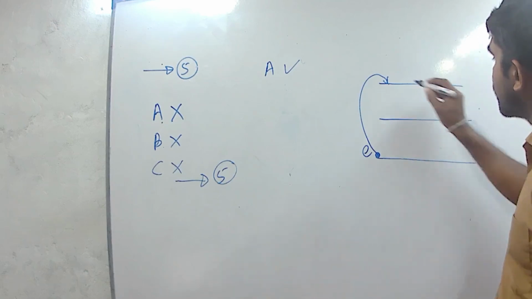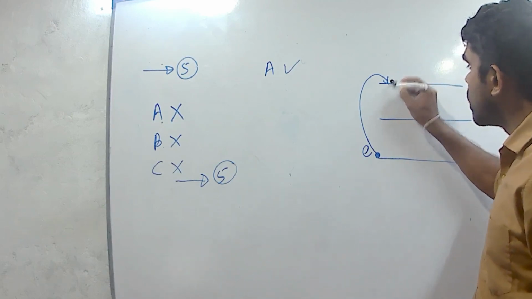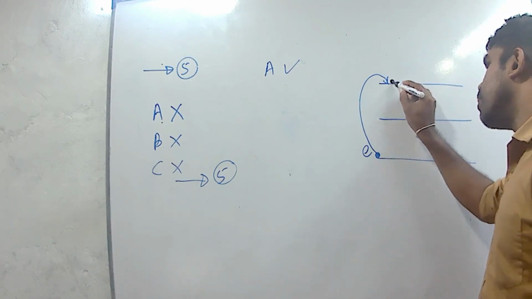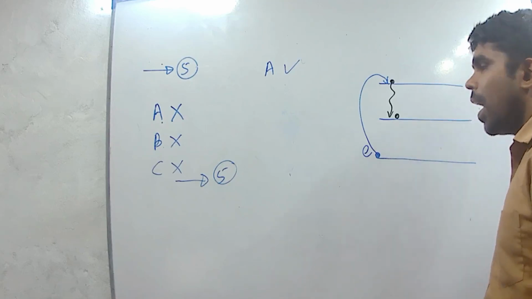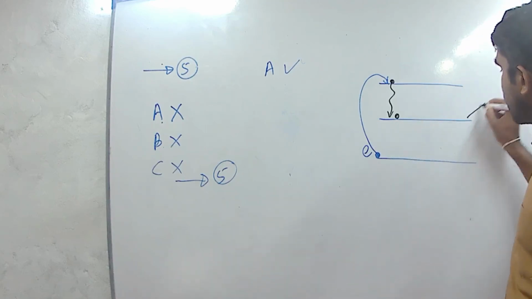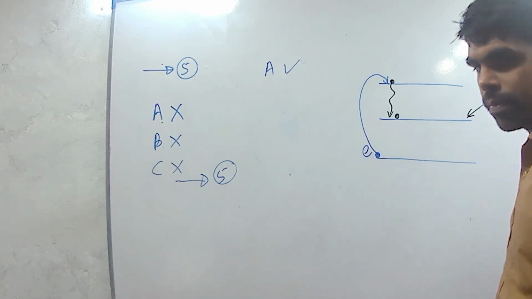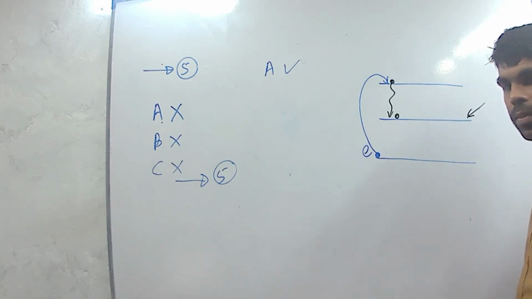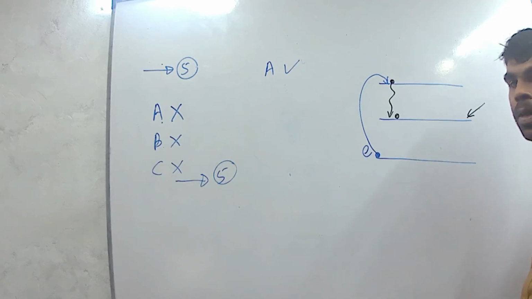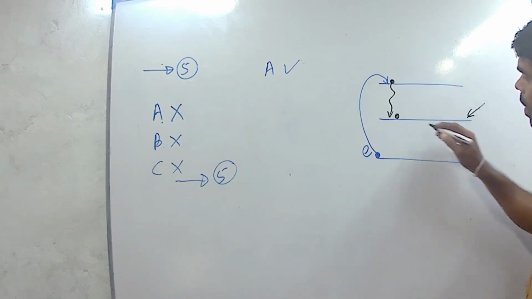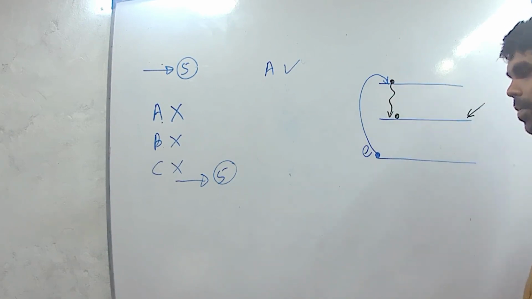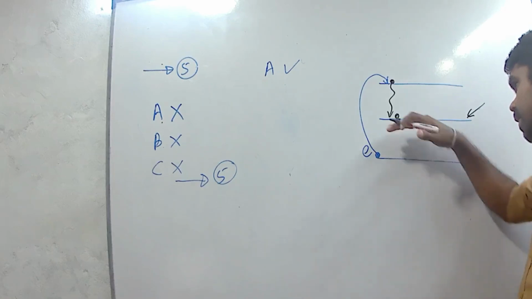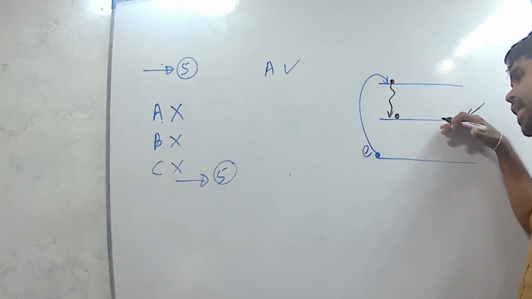After that, these electrons move automatically down to this level. This level is the intermediate level, the metastable level. Then electrons collect at the metastable level.